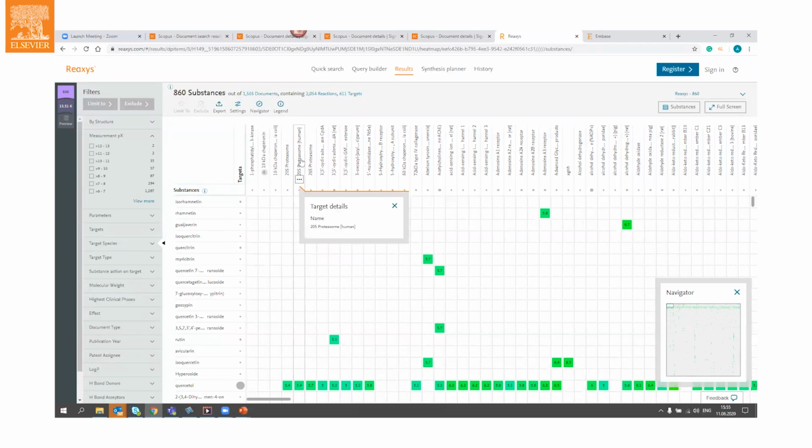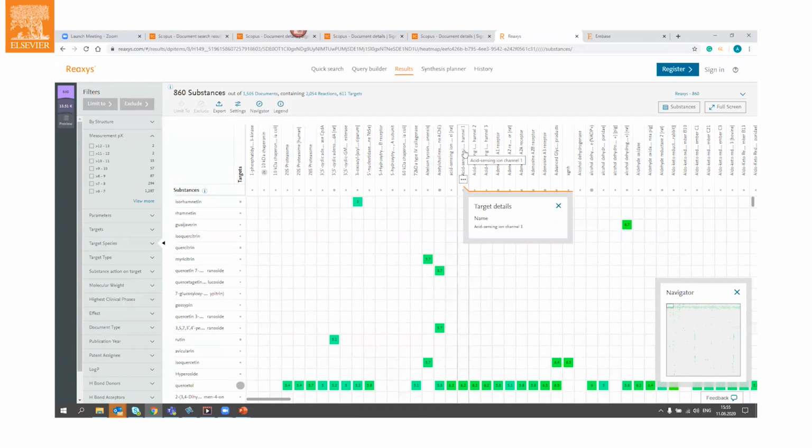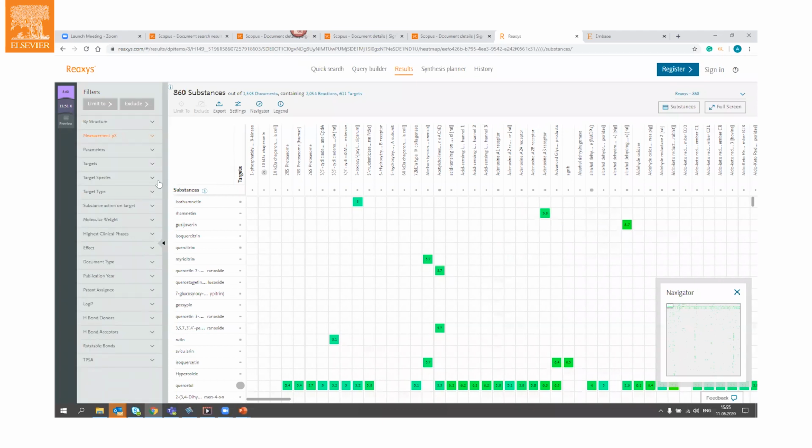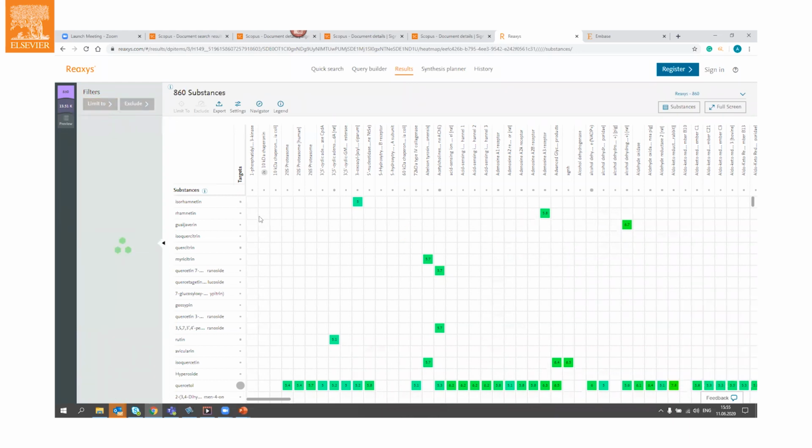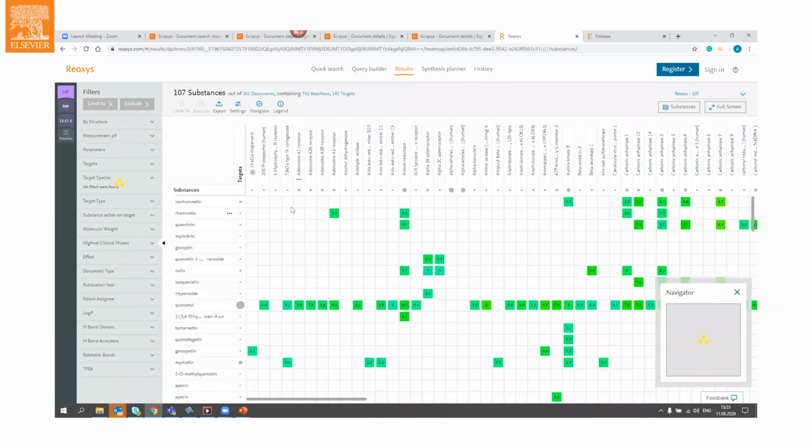Over there, you now see a huge amount of targets. As you see, for example, this one, 20S proteasome human. These are all available targets in the database: viral targets, bacterial targets, rat targets, human targets, whatever. If we want to assess only the human targets, we can select only human targets. Click here, target species, limit to. And with this, right now, we have only human targets.